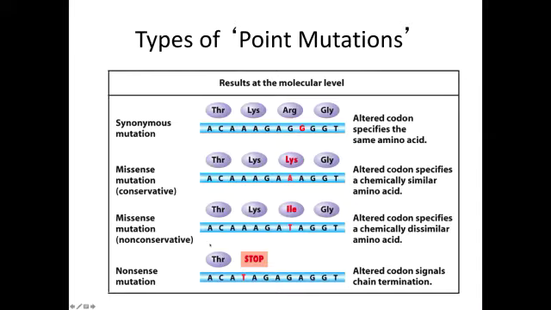And then finally you can have sequence changes where a mutation has been induced that causes a TAG codon to form, and that causes a stop, and that will be called a nonsense mutation, and that would prevent the further translation of any amino acids downstream of that particular stop codon mutation.